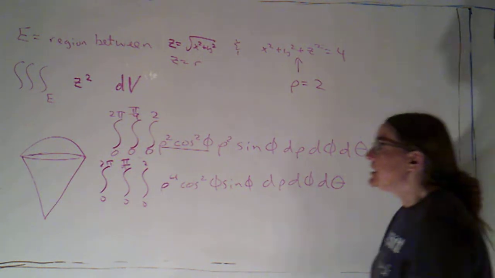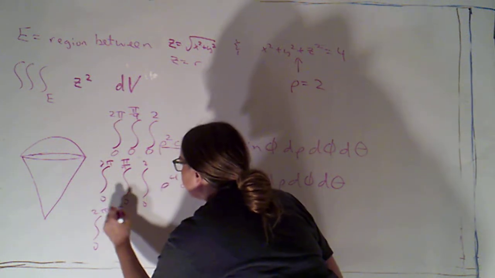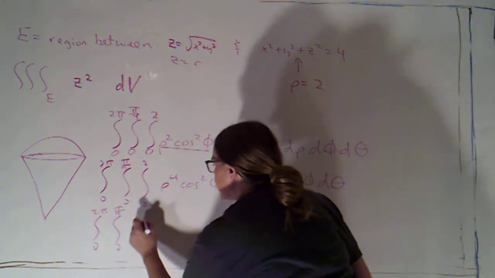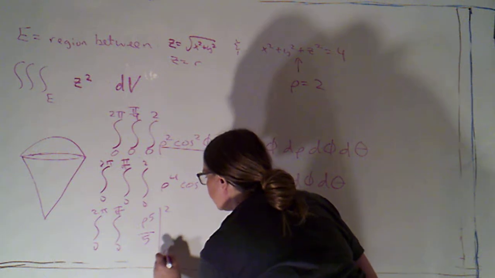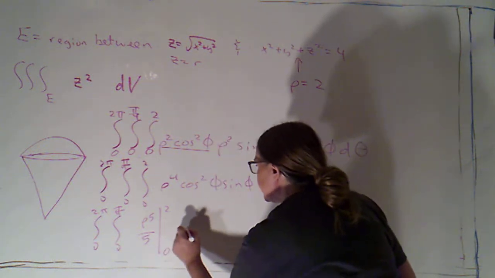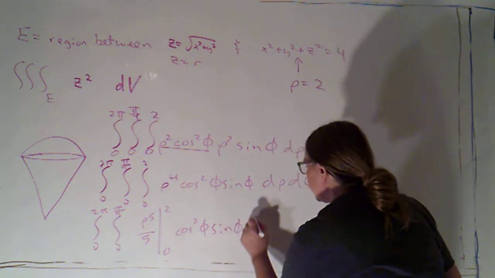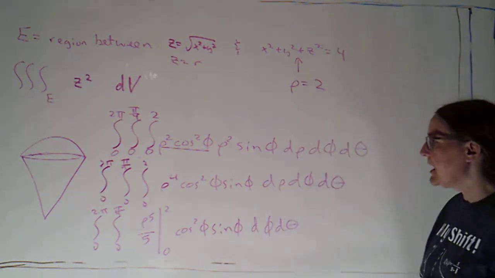Okay, so integral 0 to 2 pi, integral 0 to pi over 4, antiderivative of rho to the 4th is just rho to the 5th over 5. I know I'm going to be evaluating that between 2 and 0. Then I'm multiplying by cosine squared phi sine phi and integrating d phi and d theta.